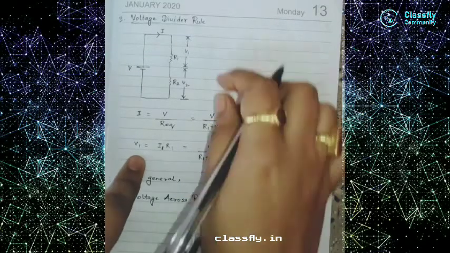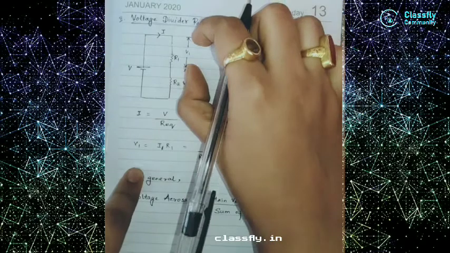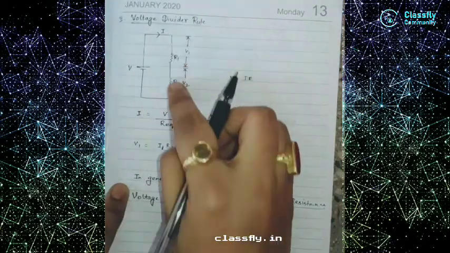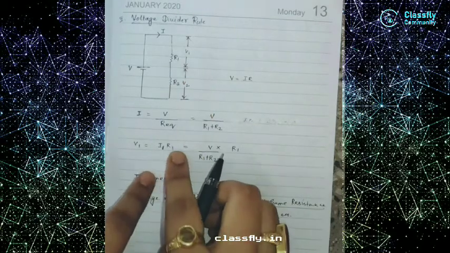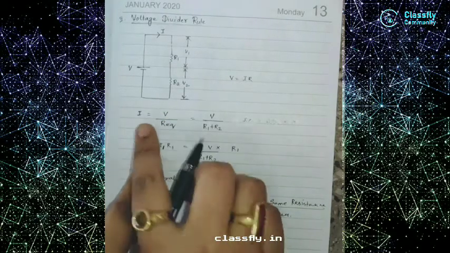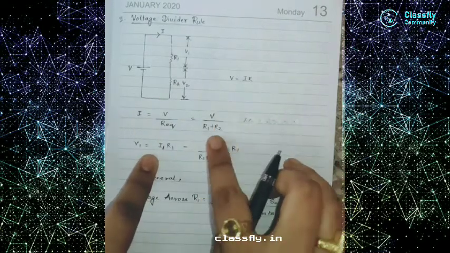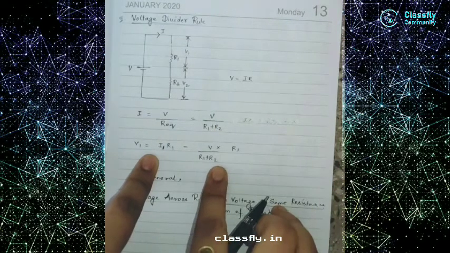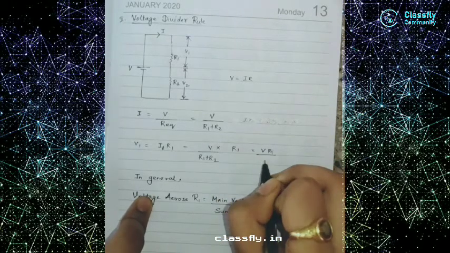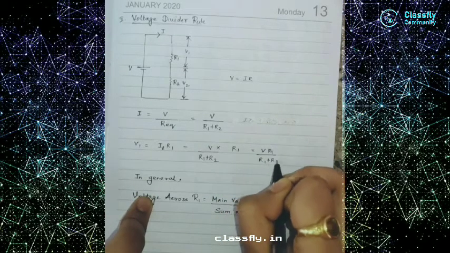Now for the voltage across R1, V1 is equal to the total current, because current is the same for both the resistors, times R1. So I will put the value of I which I found, V by R1 plus R2. So I got V R1 by R1 plus R2.